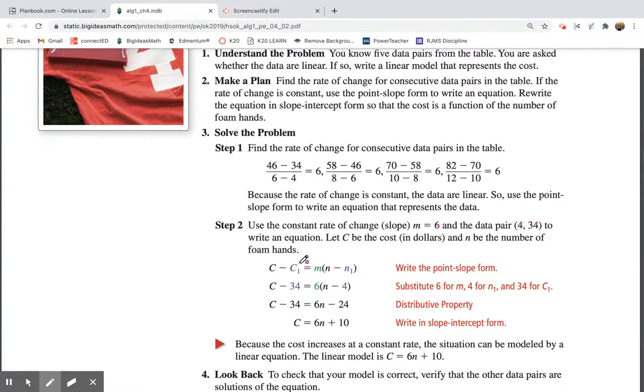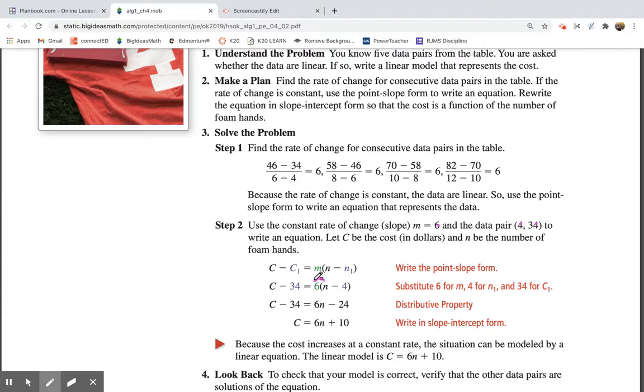So C minus C1, so that is Y minus Y1 equals M times X minus X1. Here's our point. So X1 is 4, Y1 is 34. So it becomes C minus 34 equals our slope of 6 times N minus 4. Now, to actually get an equation is where we simplify that.